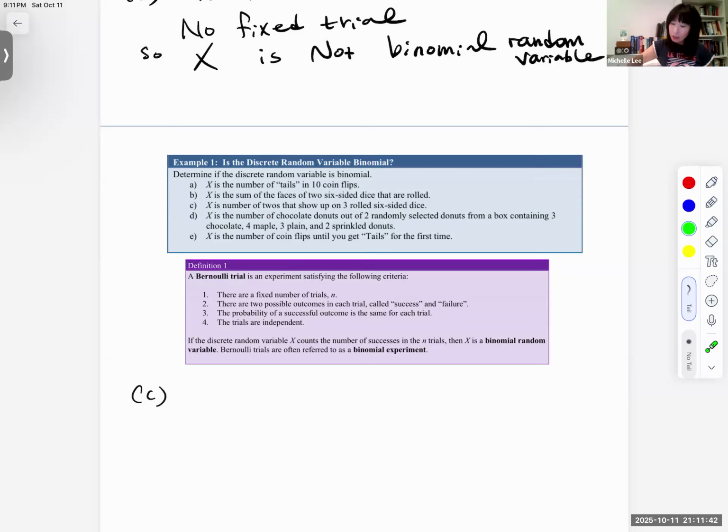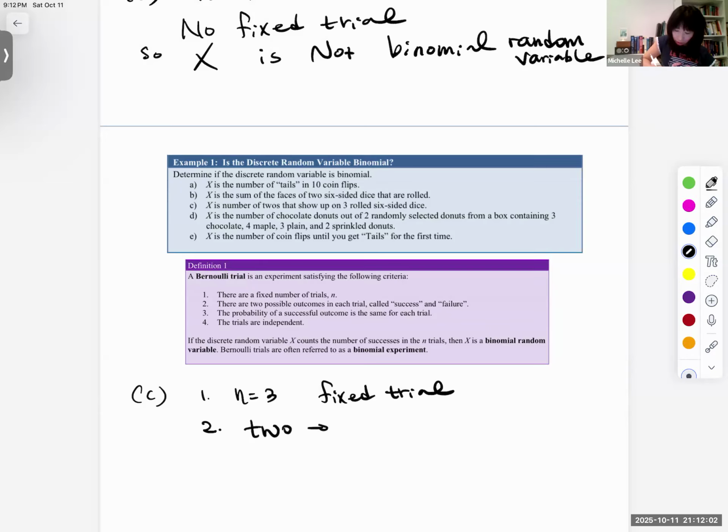So in that case, what's the n? N equal to 3. Yeah, fixed trials. Number 2, success or failure. So getting 2 is success. Not two is failure, right?